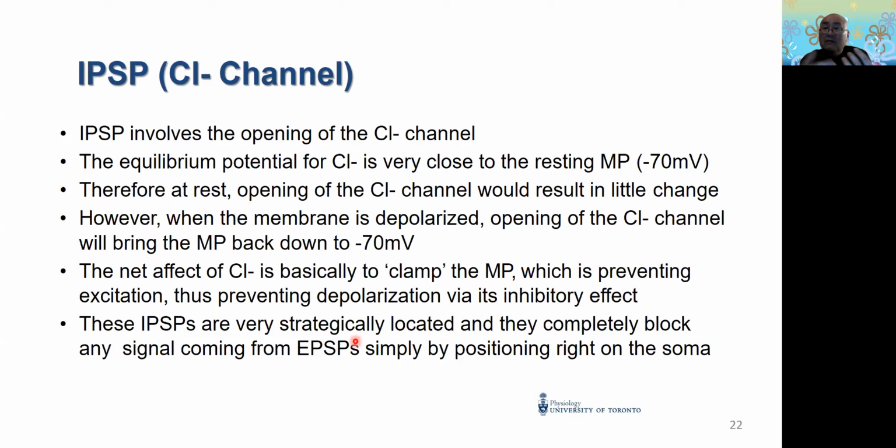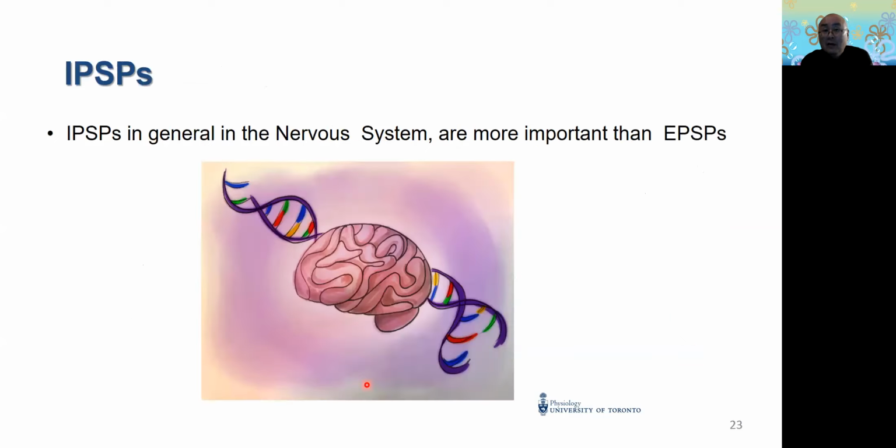These IPSPs are very strategically located on the cell body, on that soma, for a reason. We don't see them everywhere, and these inhibitory potentials are there simply to block these EPSPs, to prevent excitation. And again, you might be thinking, why bother? There's a couple of reasons, but let me talk about one particular reason and a general situation. Inhibitory postsynaptic potentials and inhibitory synapses in the nervous system are actually very, very important.